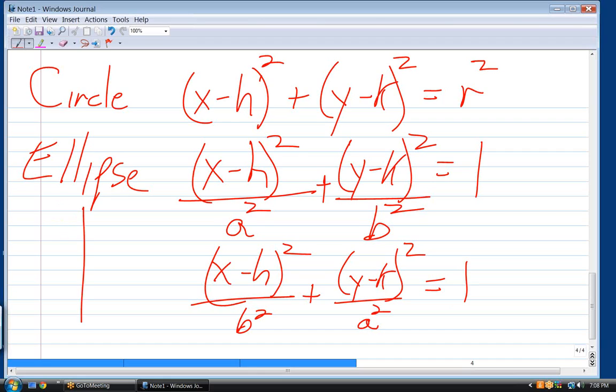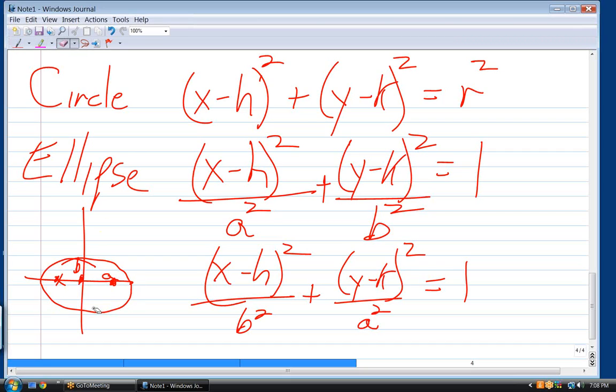If we have a horizontal ellipse, a is this, b is that, but there's a c. There are two foci in that ellipse, and the distance from the center to the focus is c.